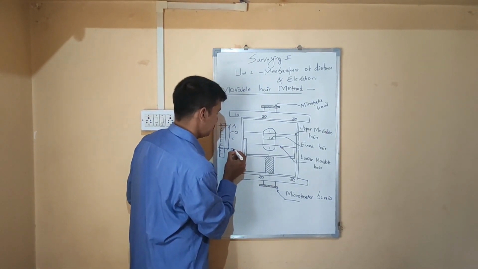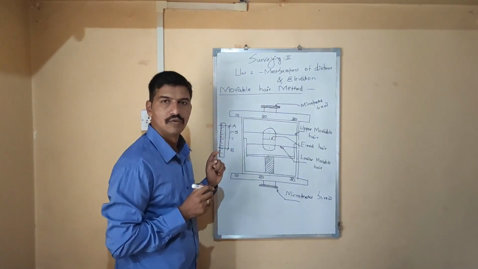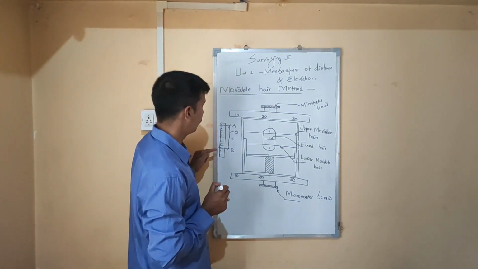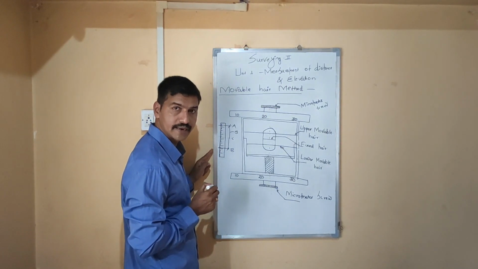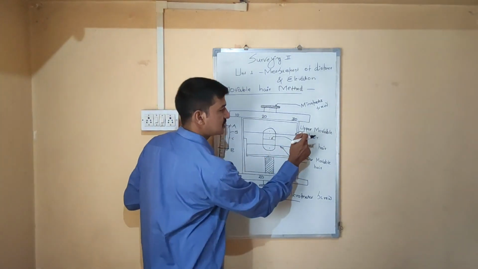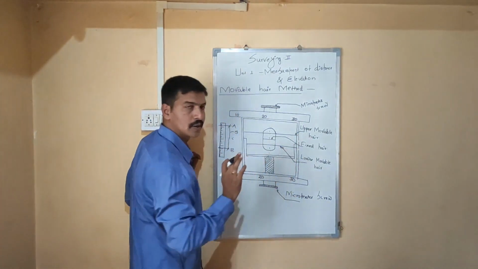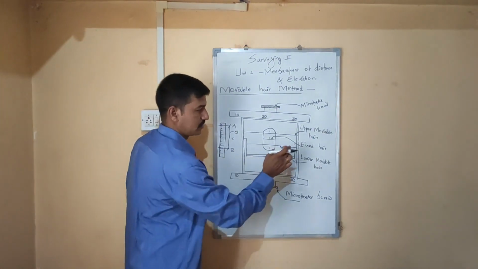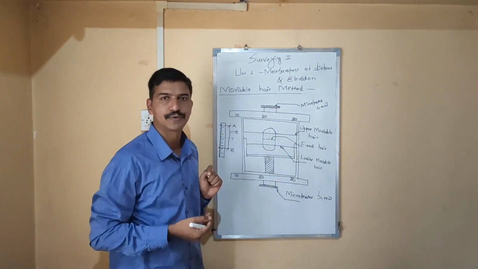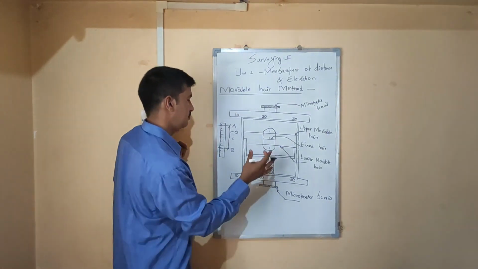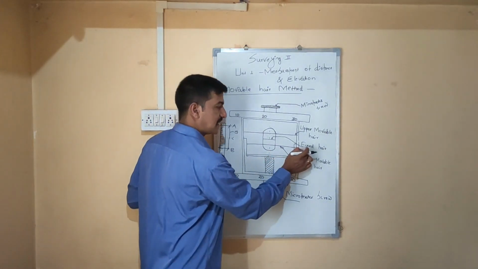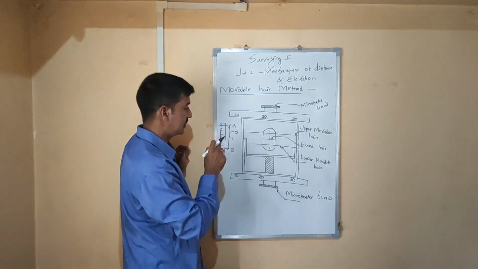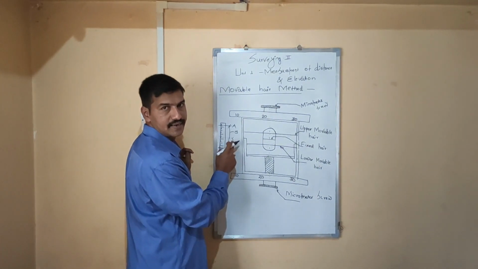And we have to bisect the top target and bottom target by using the upper movable hair and lower movable hair. How to do the procedure? First, keep the instrument. First of all, bisect the fixed hair which is at the center to the central target.